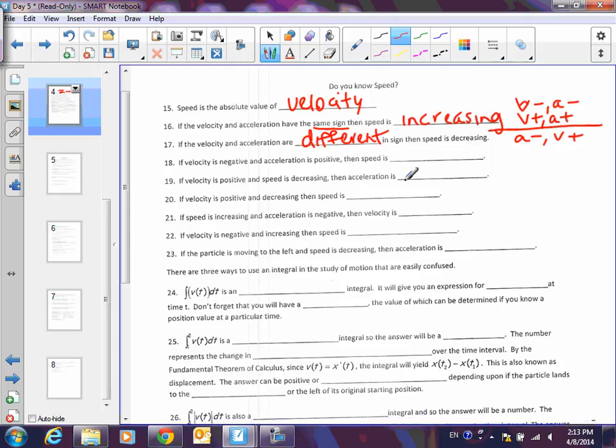Alright, so what I want you to do is read through, and this is really more of a test of logic than anything else. All of these fill in the blank answers are going to be like increasing, decreasing, positive, or negative. It's one of those 4 things.